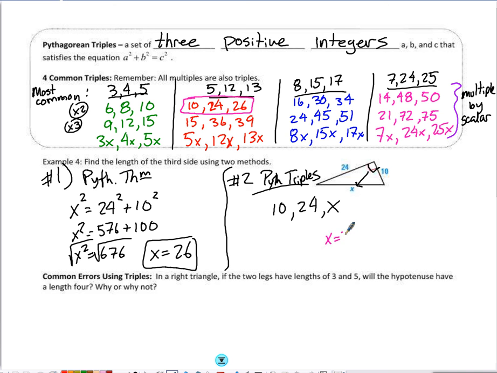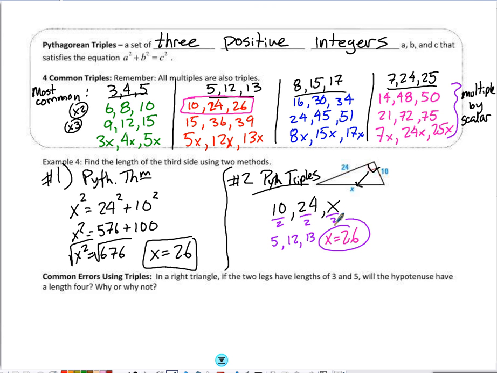Well, 10 and 24 both share a common factor of 2. If I divide each by 2, I get 5 and 12. So hopefully if you see 5 and 12, you're going to think 13. Divided by 2 to get 13, multiply by 2 gives me 26.